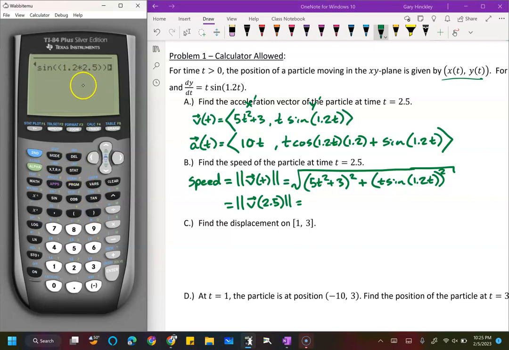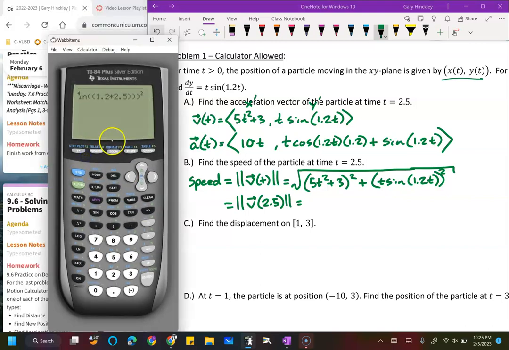It's going to fully close my sine, and then that gets squared. Let's just make sure I typed all that in correctly.